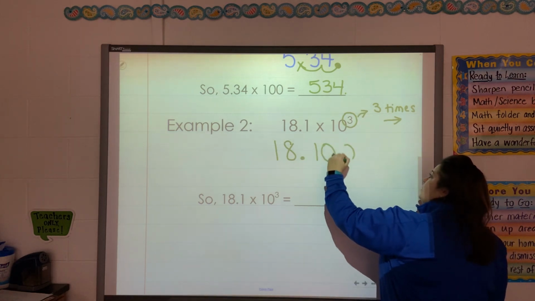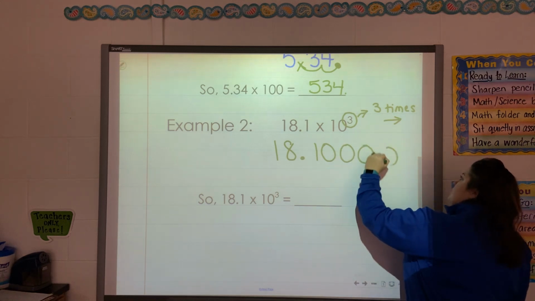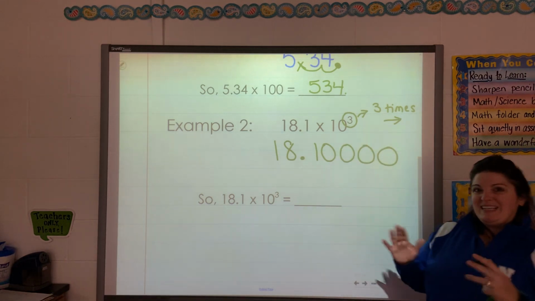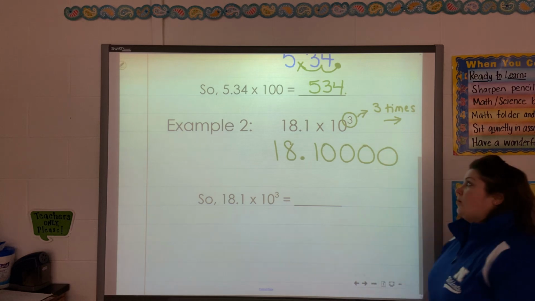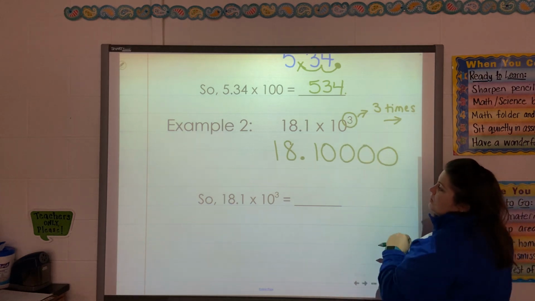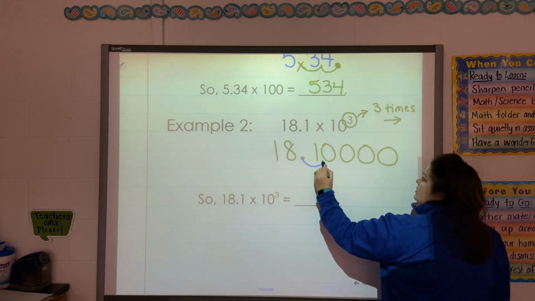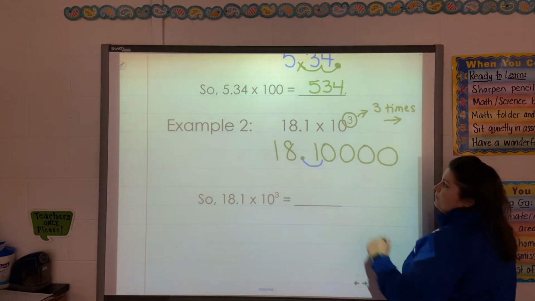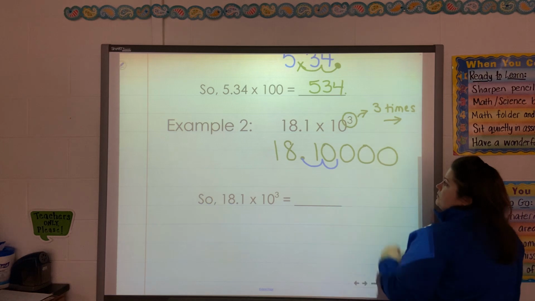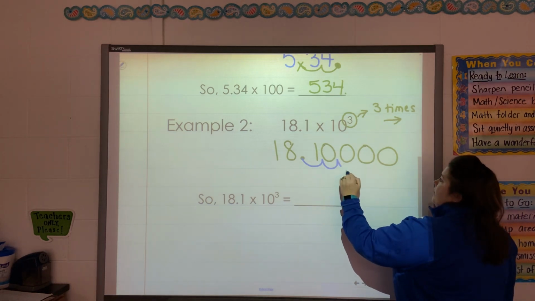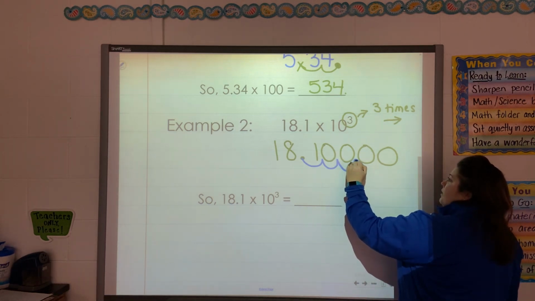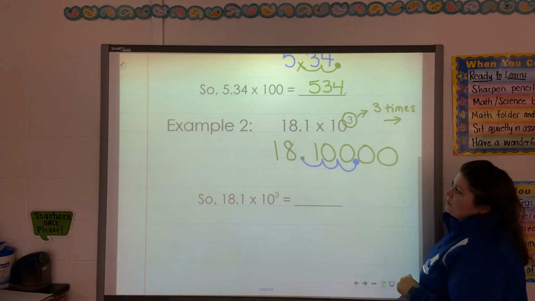So I'm just going to build in a few zeros so that I can see where I'm moving that decimal point, because we need to move it 3 times. So here we go. Once puts it behind the 1, twice, and 3 times. That is the new location of the decimal point.